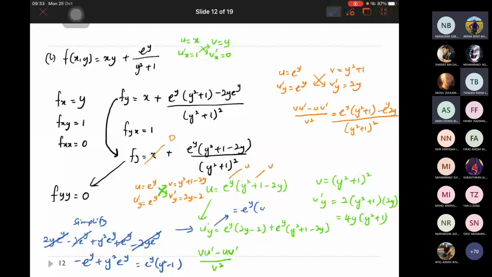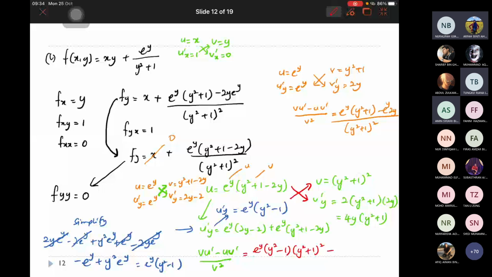Darab silang, you are going to have, it will become v u prime, okay, exponential y, y squared tolak 1 darab y squared tambah 1 kuasa 2. Tolak dengan uv prime.